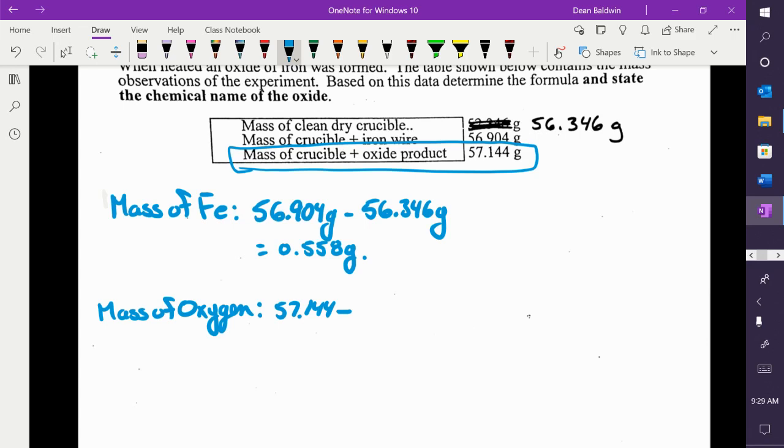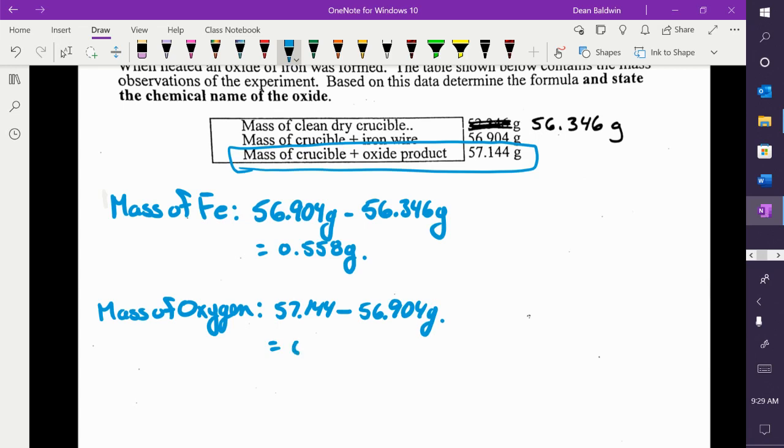Okay? Because I just want the oxygen. I want to know how much oxygen was pulled from the atmosphere to react with the iron. So minus 0.6904 grams, because that has the iron factored in as well.